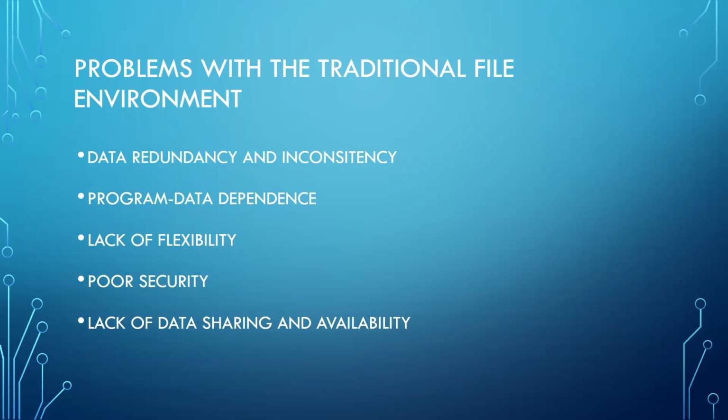So meaning if our laptop or computer needs to be reprogrammed, then your data file in a laptop or computer might be deleted or removed during the activities of the programming of your computer. It's what we call program data dependence.